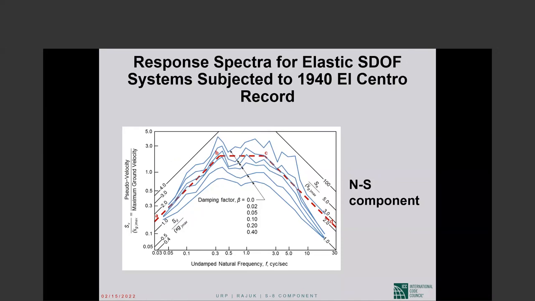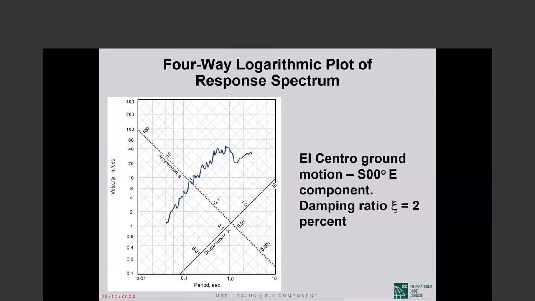Okay. Now, if you go to this plot, the difference is period is on the x-axis, not the frequency. So the constant acceleration part of the spectrum will be here, the constant velocity there, and the constant displacement part of the spectrum will be to the right.